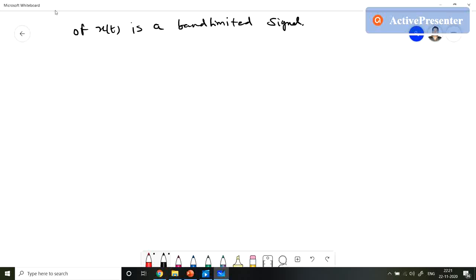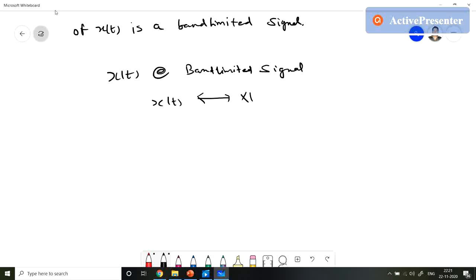So if x(t) is a band limited signal, then if we find out the Fourier transform of x(t), that is equal to X(omega), then X(omega) will be equal to 0 for omega greater than omega m.